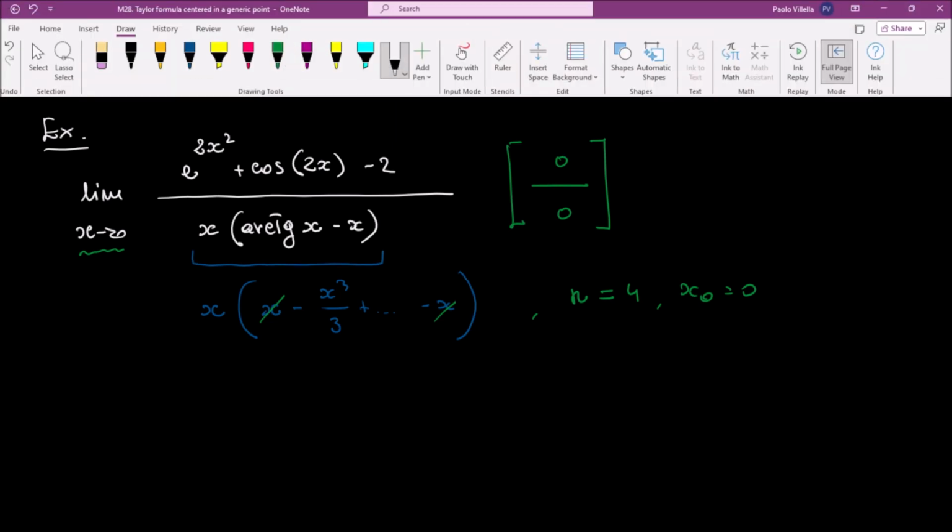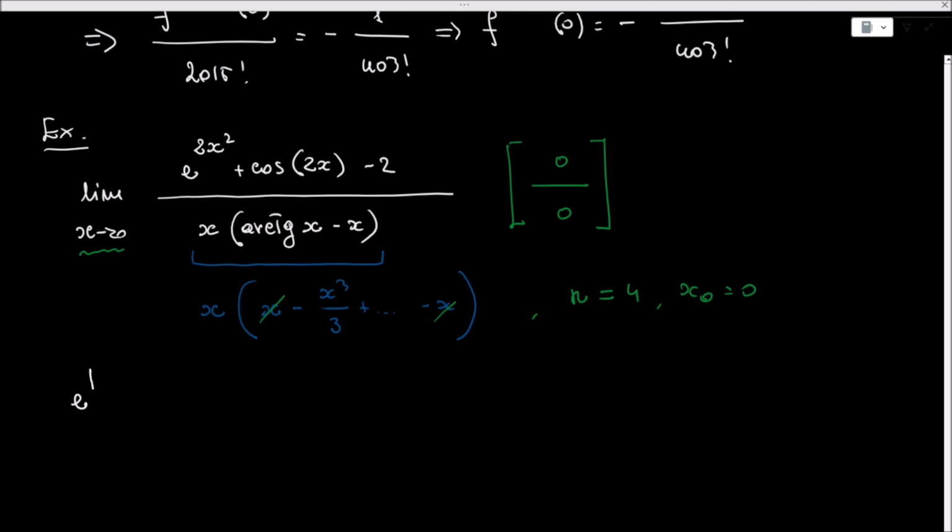Okay, so we first start with e to the t, the exponential, and we have 1 plus t plus 1/2 t squared, and we realize that this is the point where to stop.